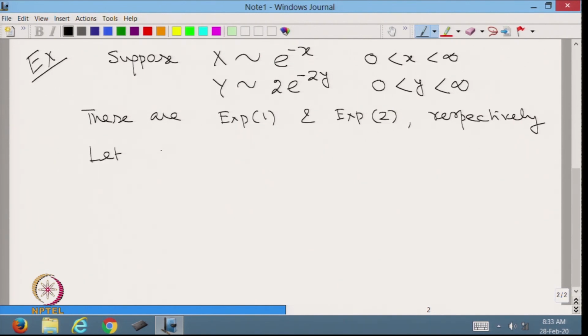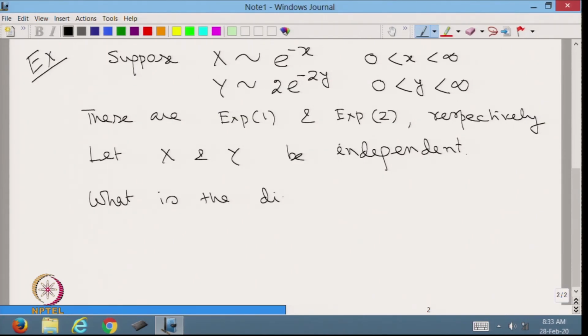Let x and y be independent. So, what is the distribution of x by y? So, that is the question that we want to solve.